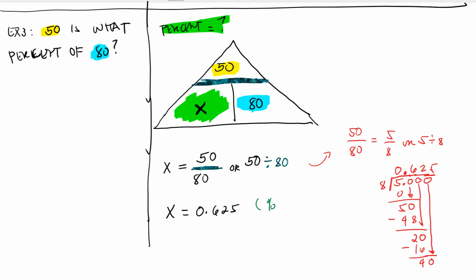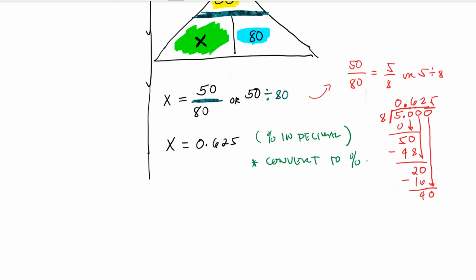But this is the percent in decimal. So remember always, if you use this percent triangle, it gives you the percent in decimal, so you need to convert it to percent.